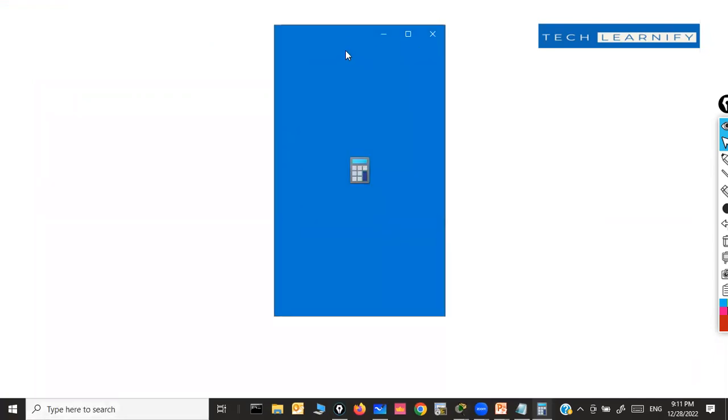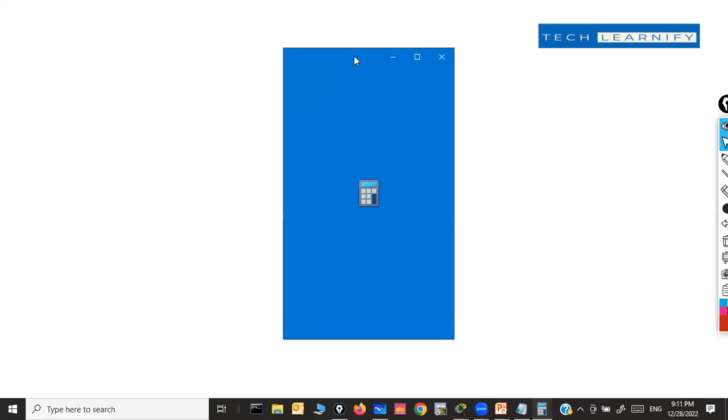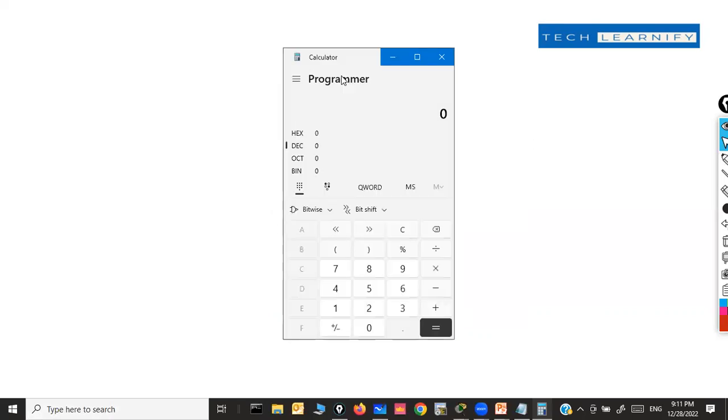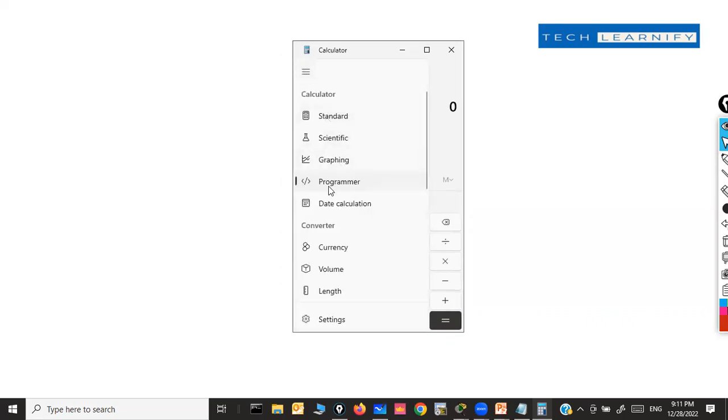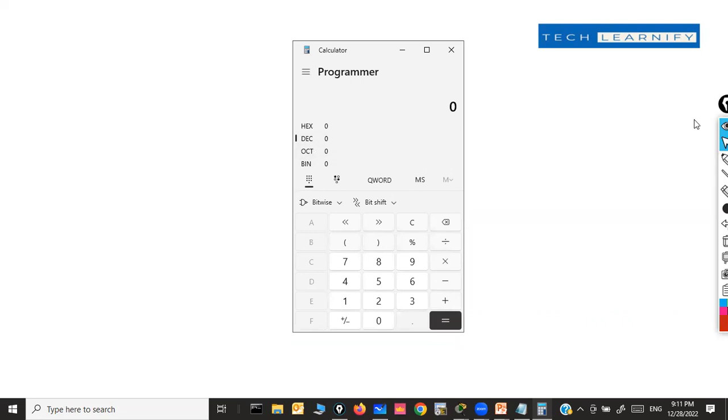Okay, so it's loading up. So I'm going to show you. Select from here, programmer, this one. And here, if you select decimal and you type anything, then automatically it will be converted to binary. So what I'm going to do, I'm going to type here 255 and see here at the bottom.